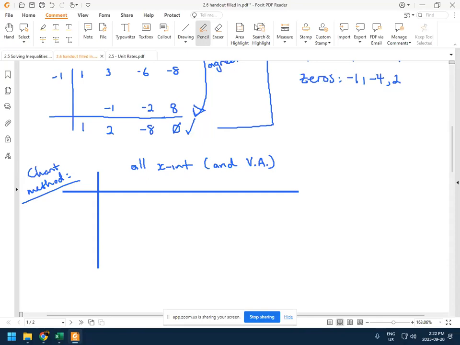Okay? So this is my heading. Please put all x-intercepts in order. So -4 is first, leave some space. Then -1 is next, leave some space. And 2 is last.